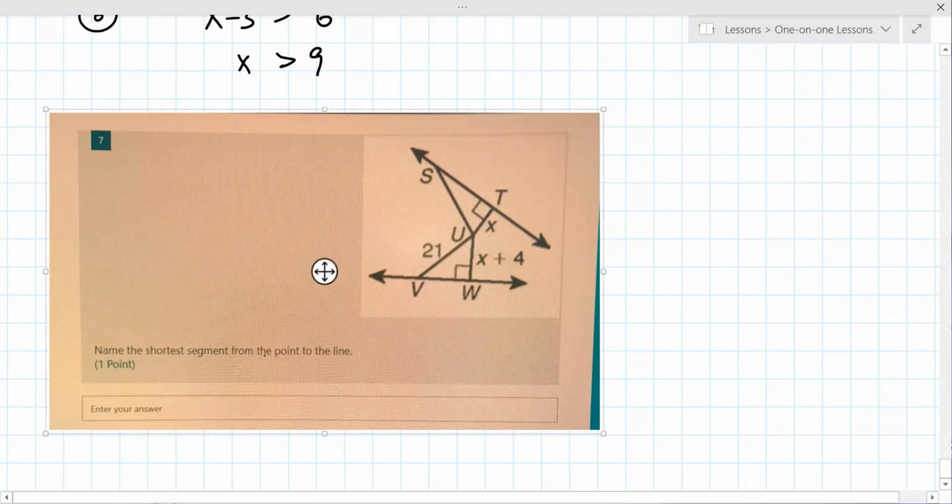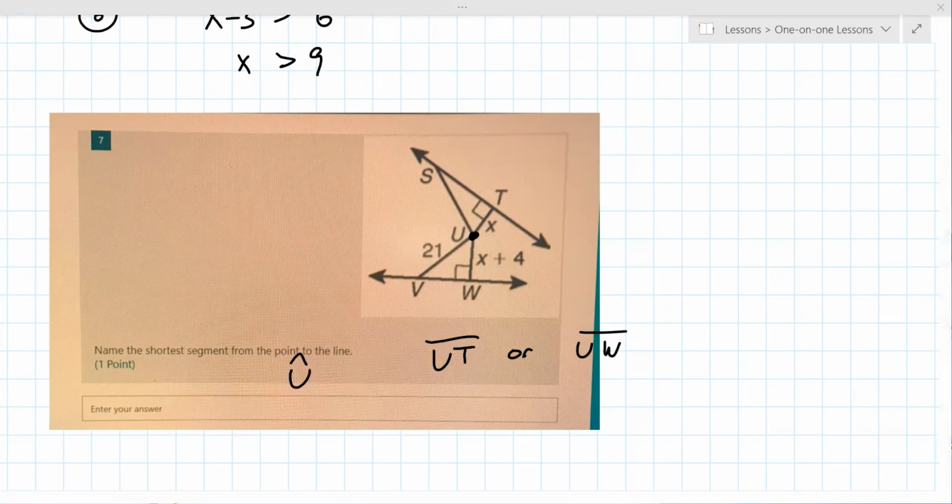Name the shortest segment from the point to the line. So I think it's asking about point U, okay? And you have a choice here. It's either UT or it's UW. It might visually look like UT, but you can't use that as a justification. So the way you figure this out is, this is X plus 4 and this is X. So pick a number, let's say X is 3.